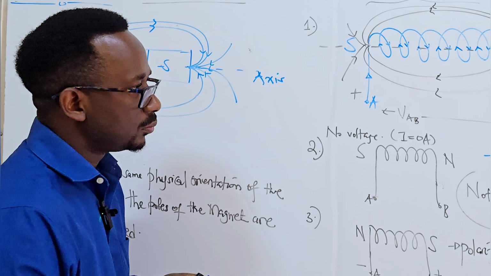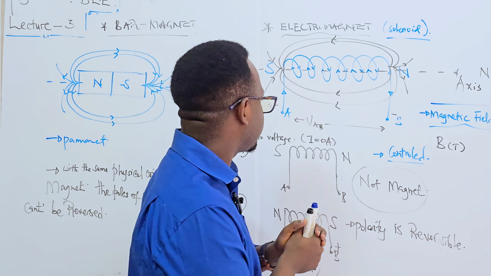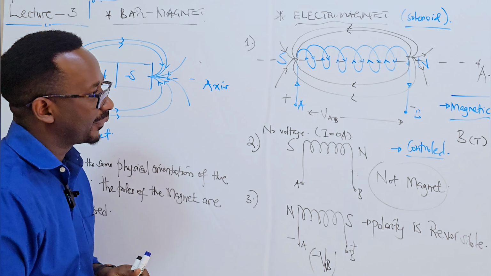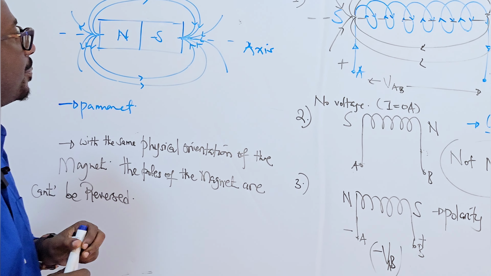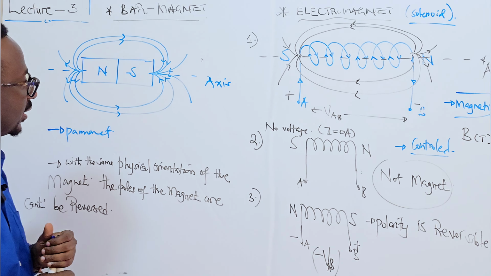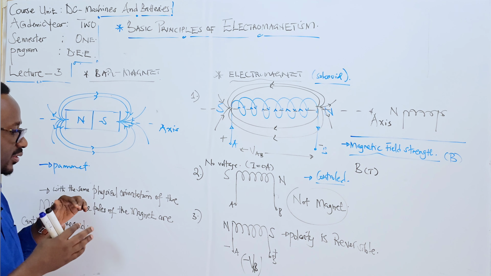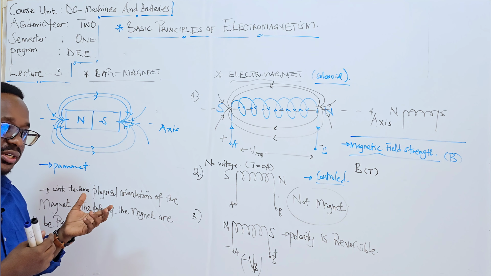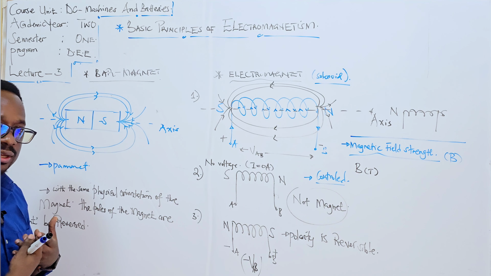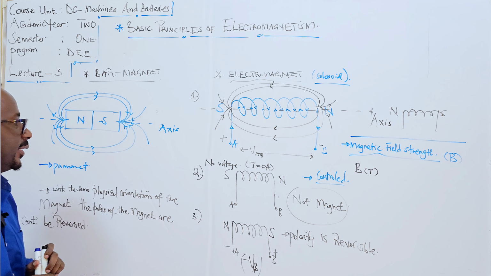So let's talk about how strong these magnets can be. The permanent bar magnet, its strength is determined at the time of manufacturing it, designing it, building it and constructing it.